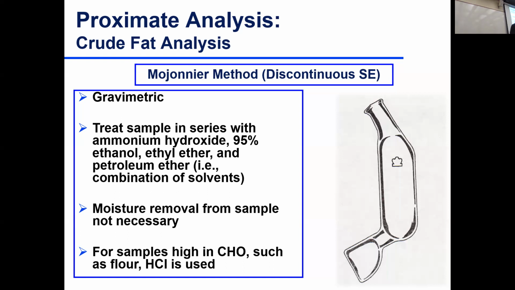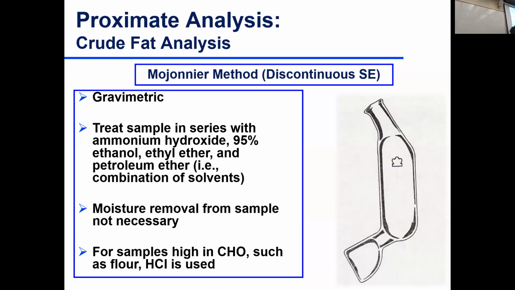So both ethyl ether and petroleum ether are used. It's a good combination. Petroleum ether is a better solvent for non-polar lipids, so basically your triglycerides, and ethyl ether can solubilize non-polar, but also is a good solvent for polar lipids. So a combination of both should give you a good extraction of the different lipids of different polarities.